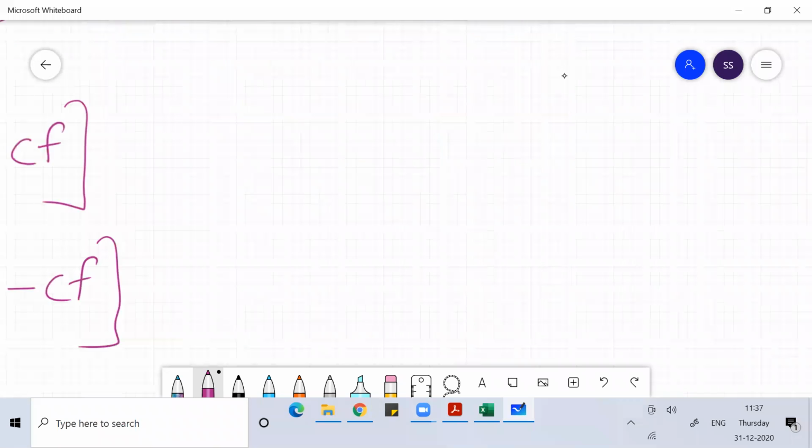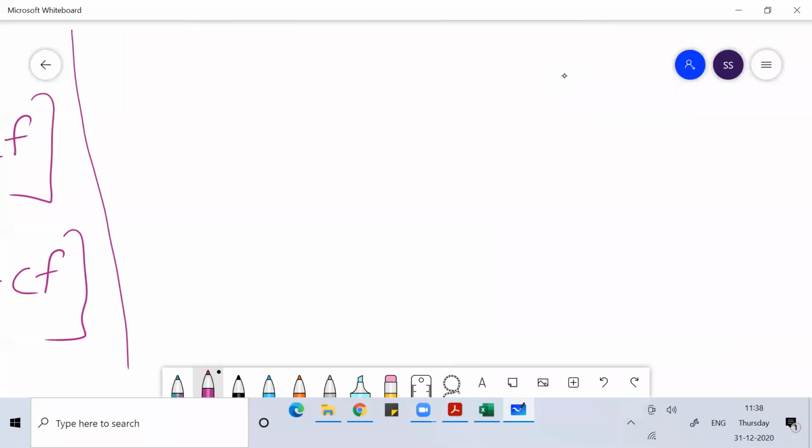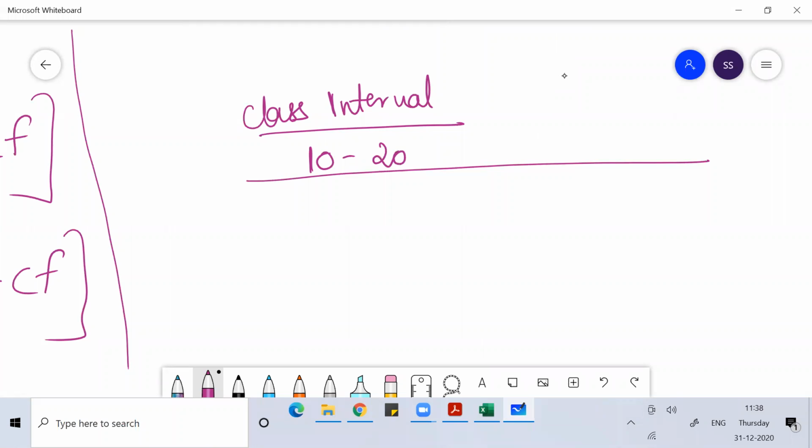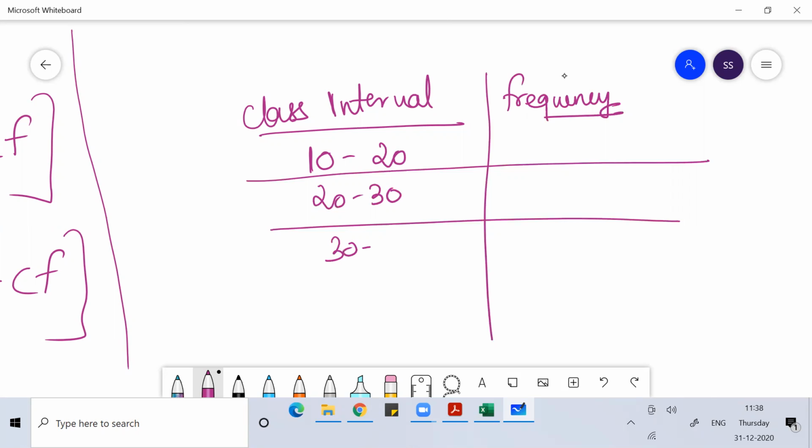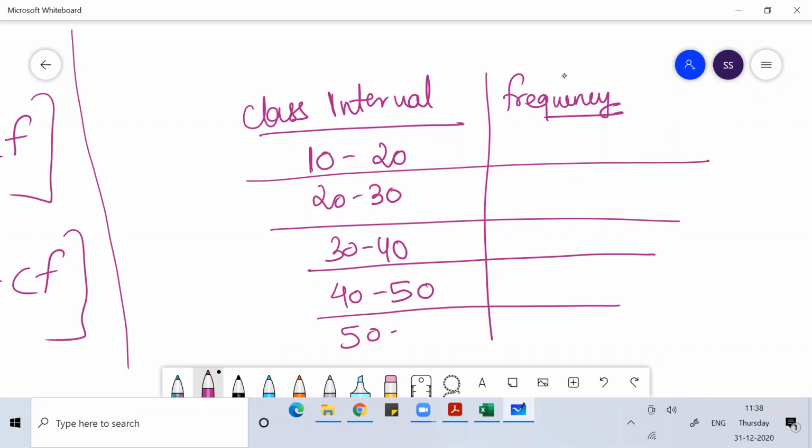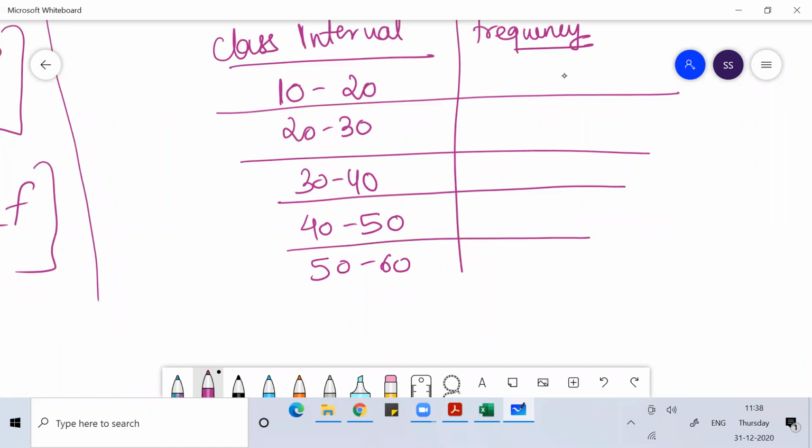Fine. So suppose I give you class interval with frequency. The class intervals are 10 to 20, 20 to 30, 30 to 40, 40 to 50, 50 to 60, then 60 to 70.